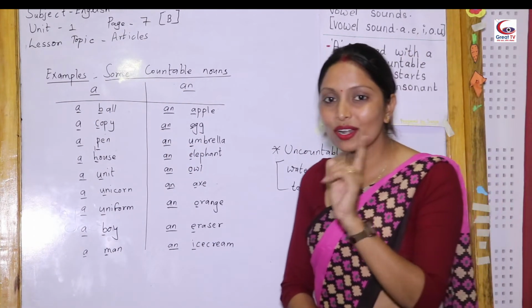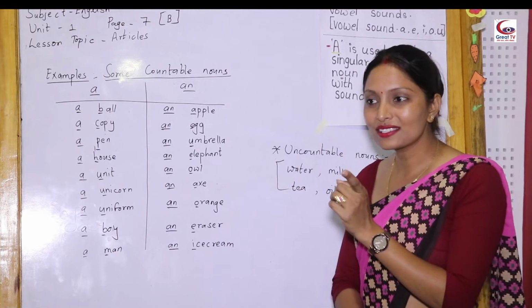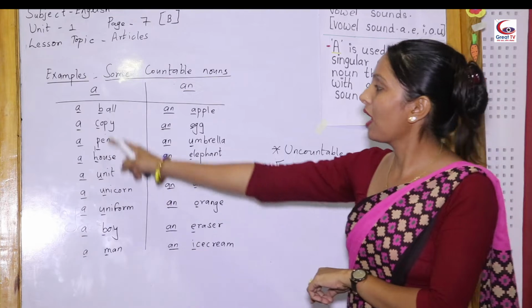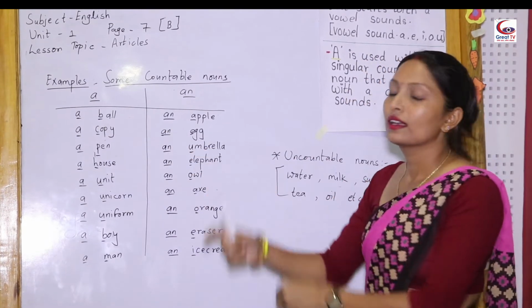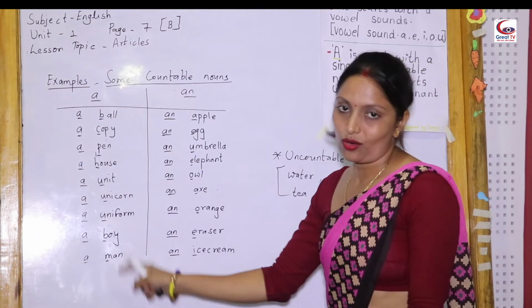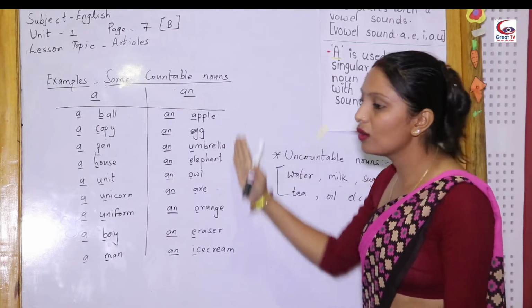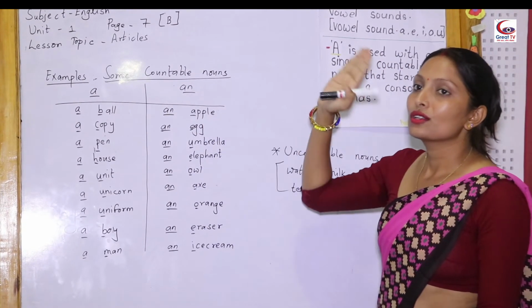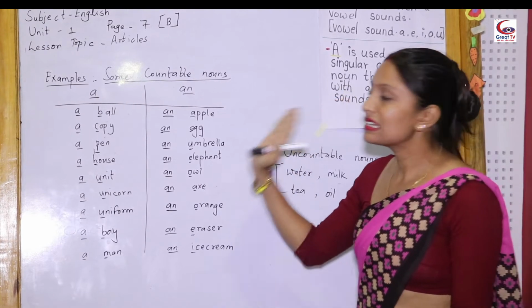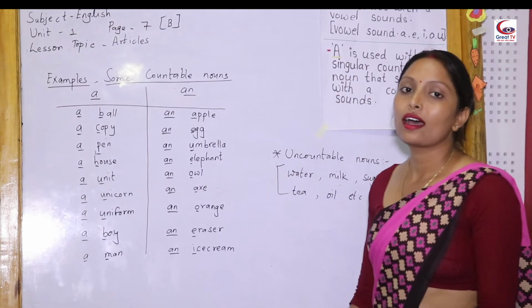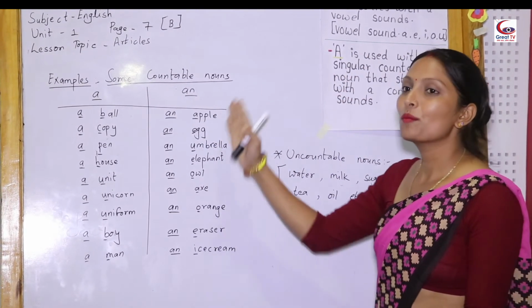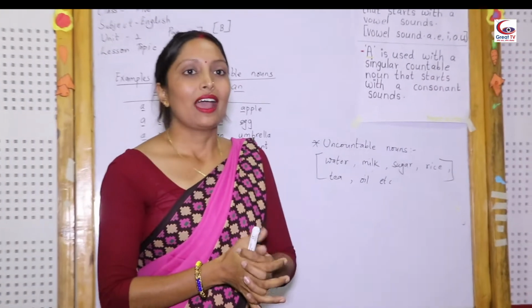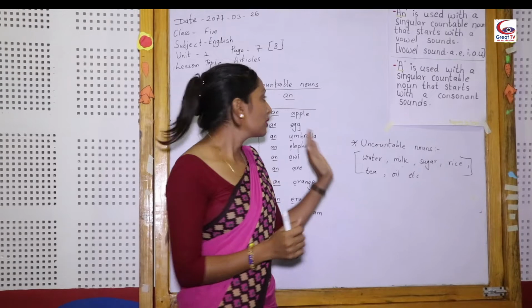I already told you: consonant sounds. But now in column B, the initial letters of those words are vowels.